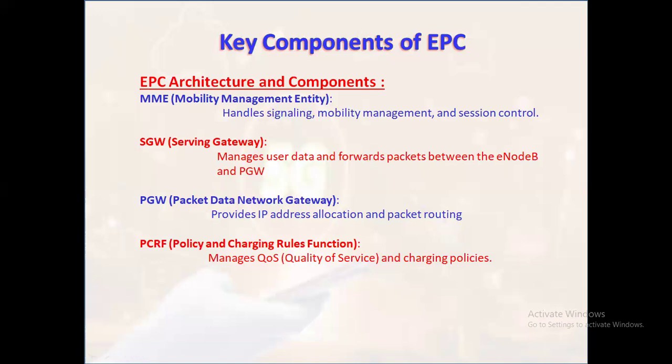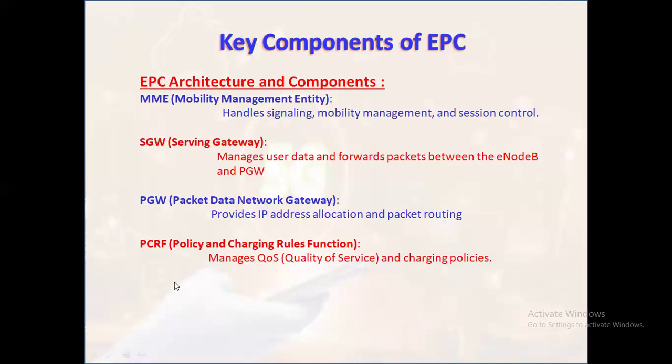It handles the user's data sessions and ensures that traffic is routed correctly between the mobile network and external data networks. The PGW also supports functions such as traffic filtering, charging, and enforcing data usage policies.